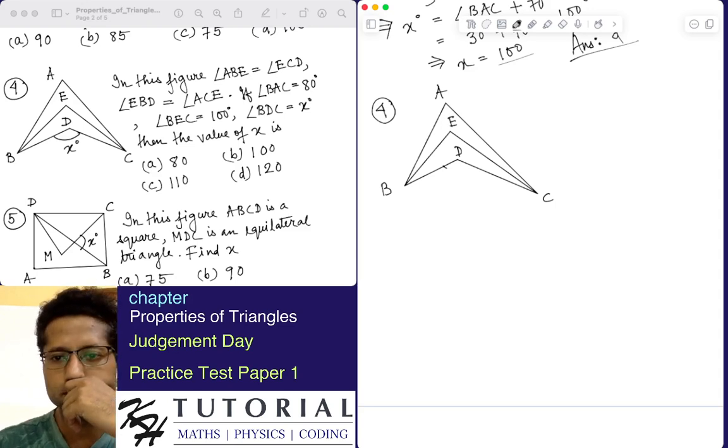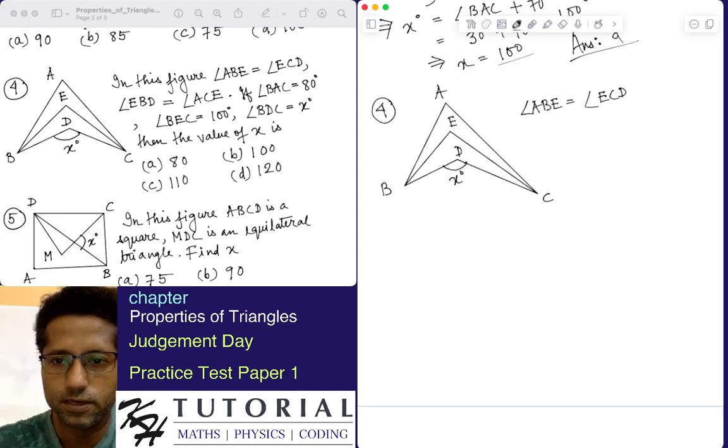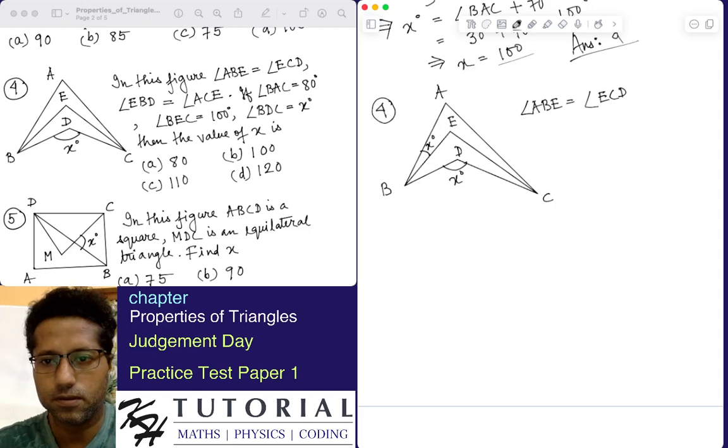Now this is x degrees. It is given that angle ABE is equal to angle ECD. So let's say angle ABE is x degrees, so we have angle ECD is also x degrees.